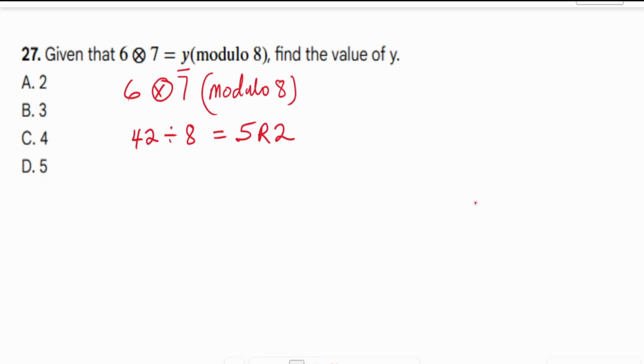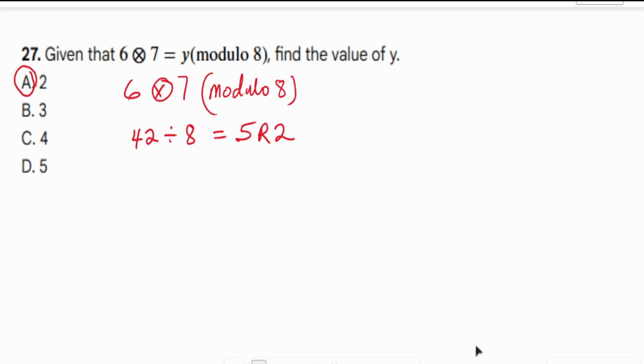But we are not interested in the 5, we are only interested in the 2. So the correct answer to this question is A, 2.